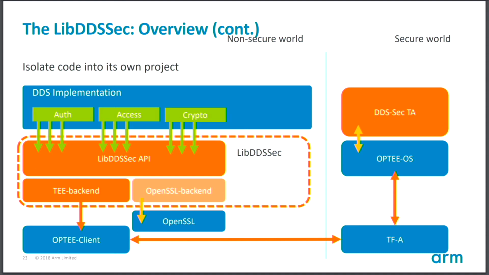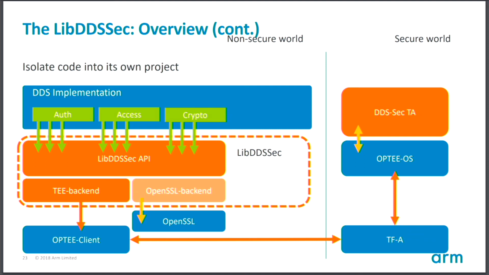The goal is that we have just a pure API to expose all the security aspects to implement for DDS, and then we have different backends. We are working on an OpenSSL backend, but that's mainly for validation, because we are getting rid of OpenSSL there, but we still have it there. You can see that the trusted application is growing, because we are moving pretty much everything into the TA right now.